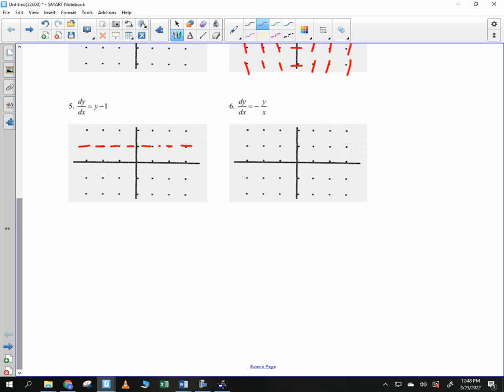How about up here? Y is 2, so therefore the slope will be 1 all the way across. The y value along the x-axis is 0, so the slope will be -1.